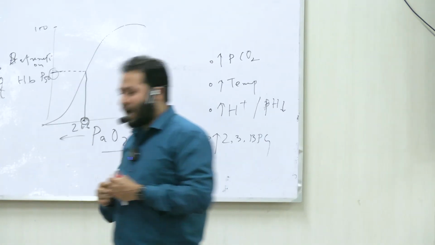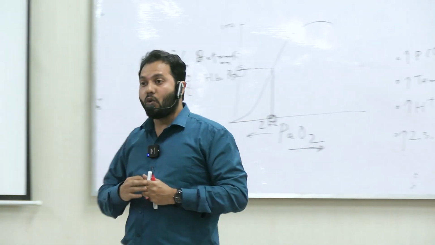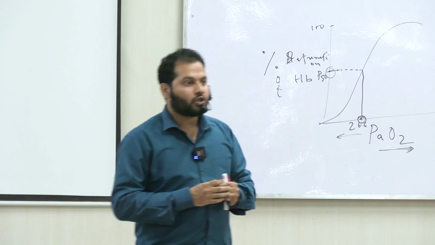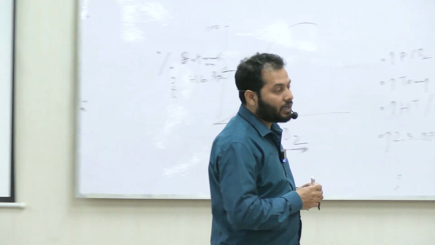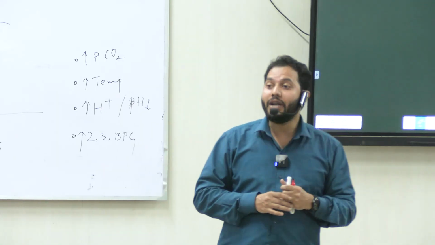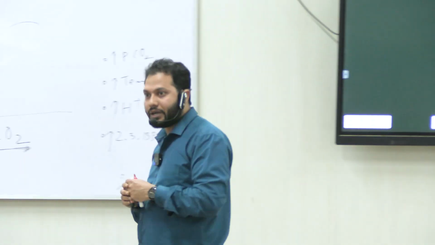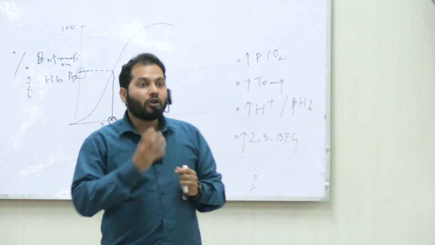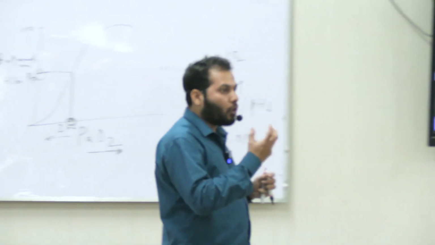And here myoglobin plays an important role in certain cases. So what is the case? The case is the exercise state. During exercise we need more energy, right? So here myoglobin acts as a storehouse.